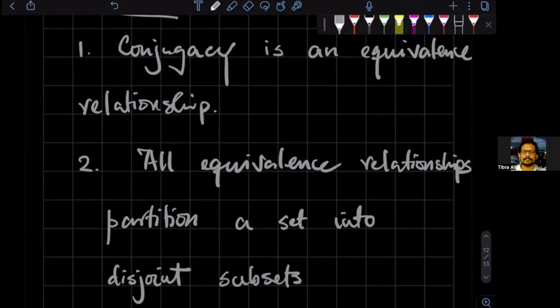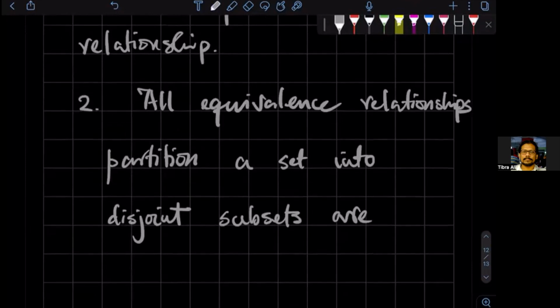These disjoint subsets are known as equivalence classes.